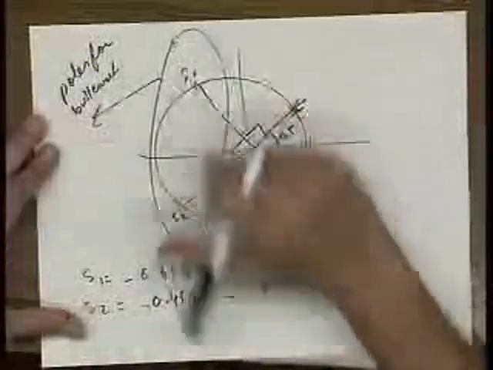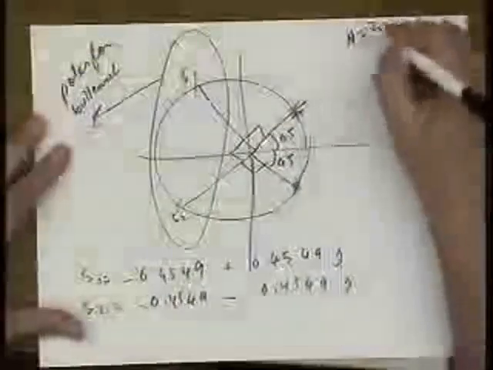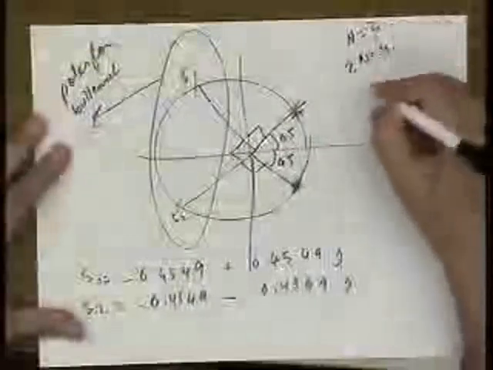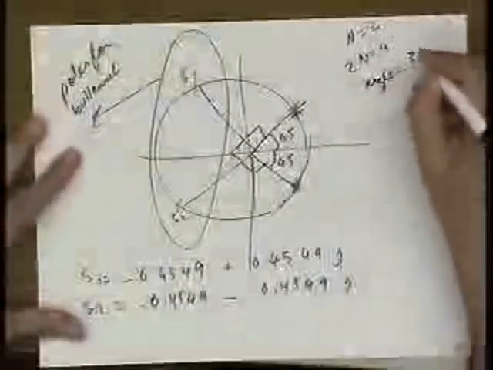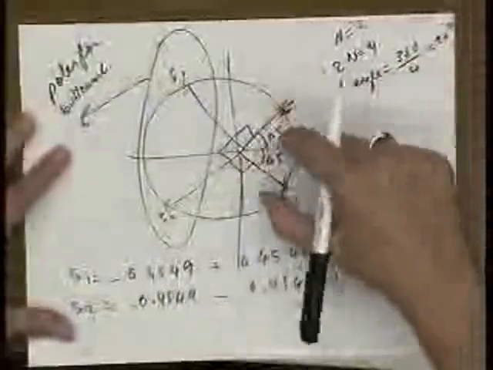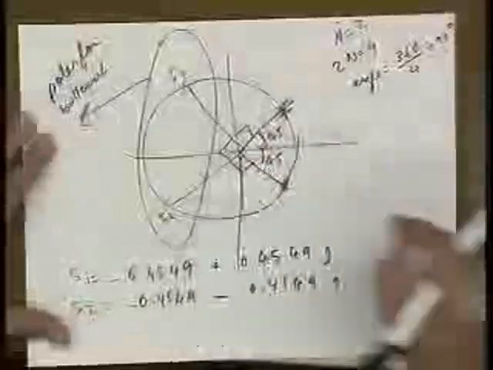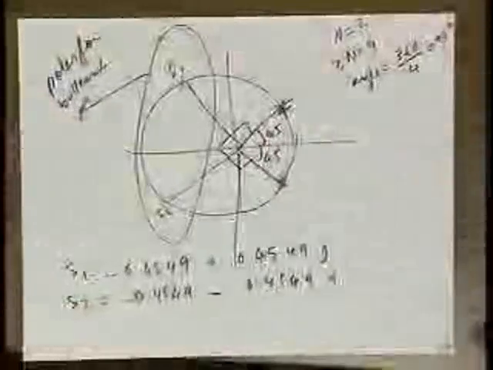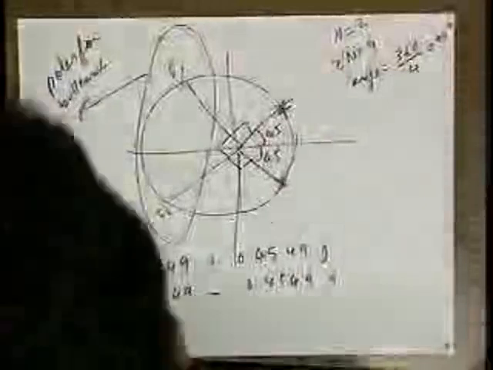They're complex conjugates. So n is equal to 2, 2n is equal to 4. The angle between these is 360 divided by 4, which is 90 degrees, and the way I put them is 45 up here, 45 down there. Hold on a second. Let me wrap this up and ask the question at the end.